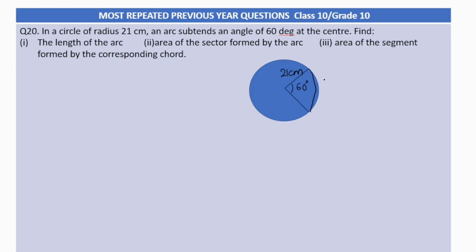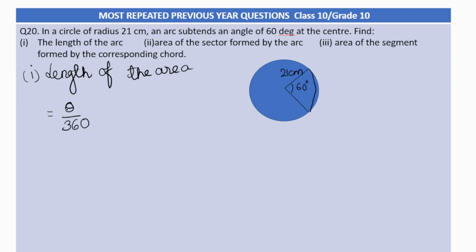For the length of the arc, we have a simple formula. It is important to remember the formula, and during calculation we should not make any mistake. So the length of the arc will be the entire circumference of the circle multiplied by theta by 360. What is theta?